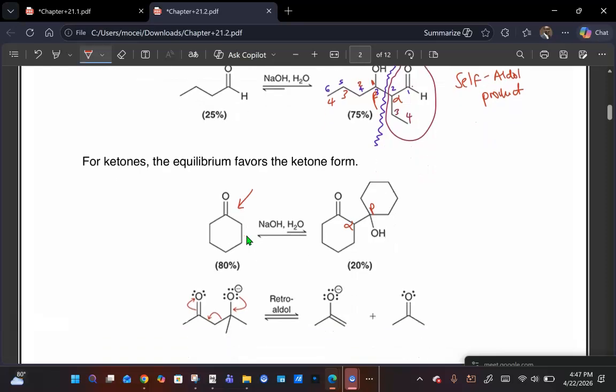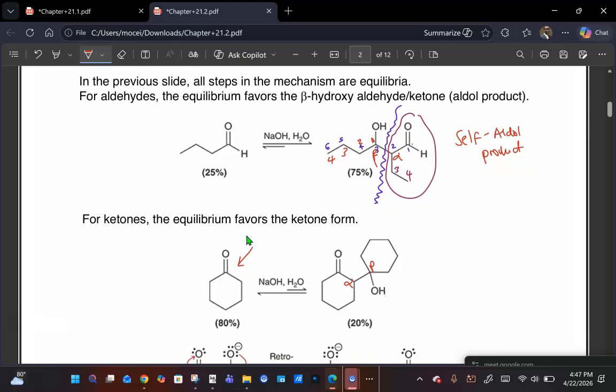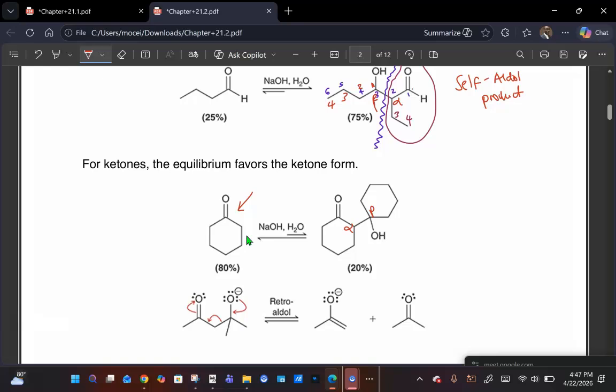Which one? Which is the enolate? No, this is the keto form. Okay, so in the product, this was the one that gave you the enolate. That's what he meant.